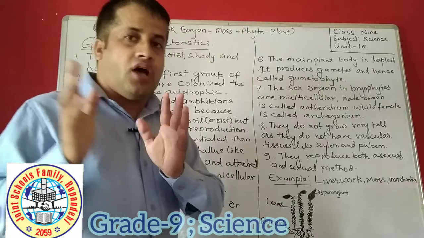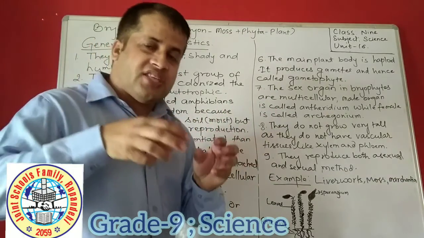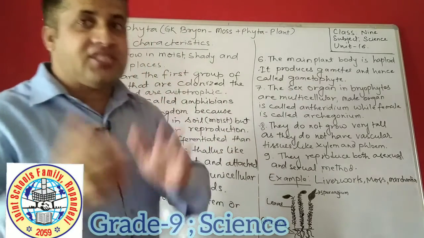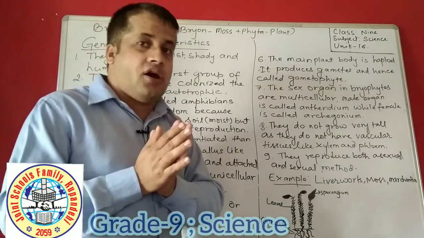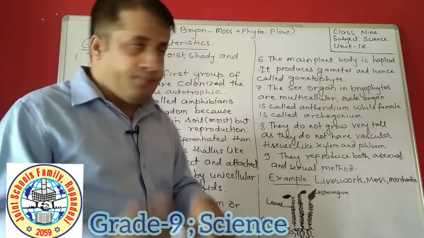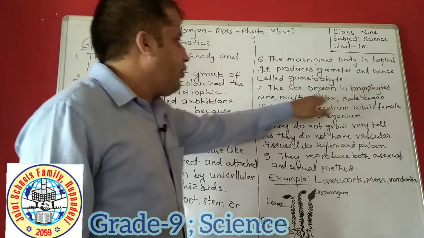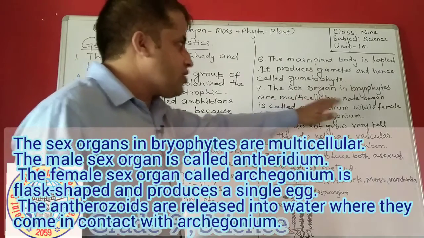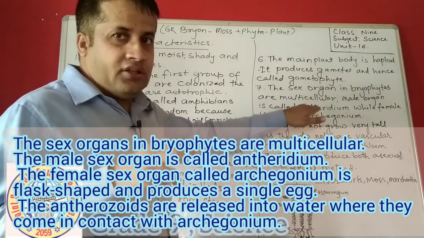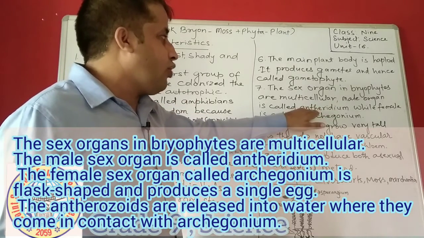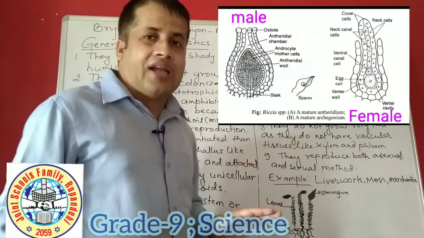So the plants that belong to this group may have both a male sex organ as well as a female sex organ within one individual. In bryophytes the sex organs are multicellular, in which the male organ is called antheridium, while the female organ is called archegonium.